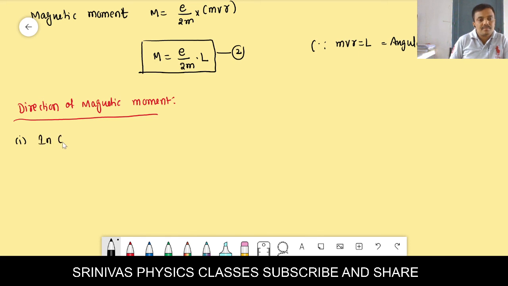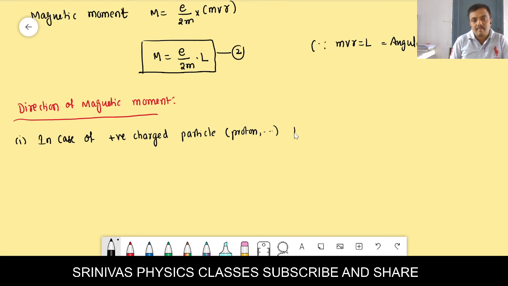In case of positive charged particle, means just like a proton, alpha particle, something like that, for them the magnetic moment is in the direction of angular momentum.